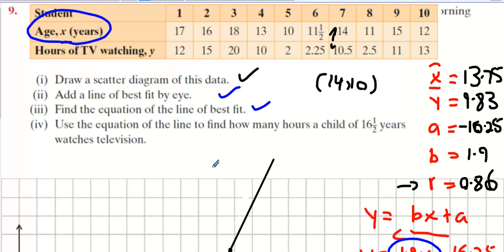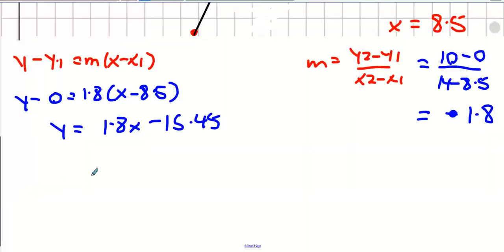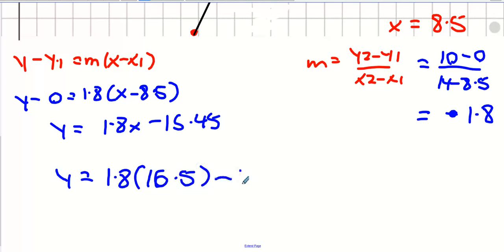Age is x-axis, so this means an x value of 16.5. Go to your equation and replace x with 16.5. 14.24 hours. Yeah, excellent. Okay.